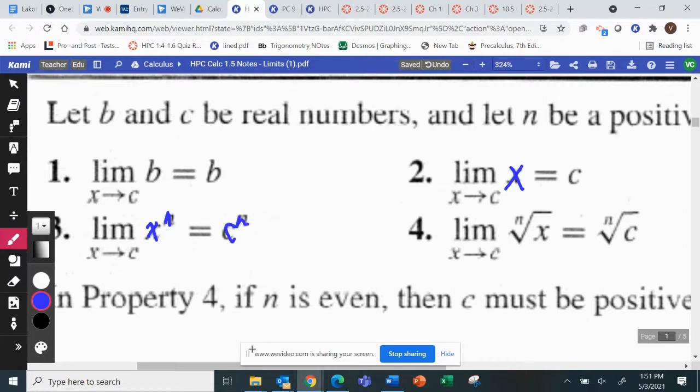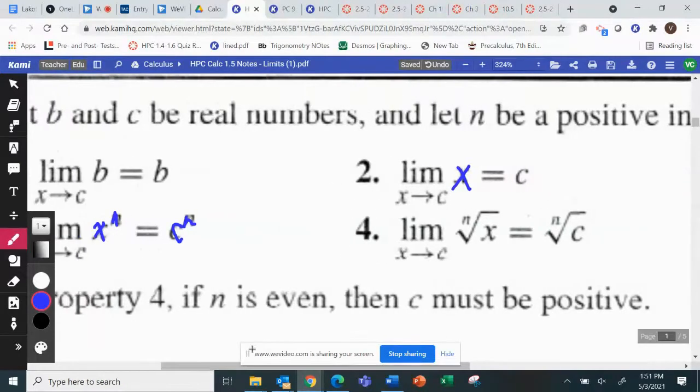And then for this one, if we have x approaches c and we have an nth root of x, the answer would be the nth root of c, but only if n is odd. If n is even, then c has to be positive. So we just have that extra rule on there where we can only take the even root of a positive number. So the answer would be positive in that case.